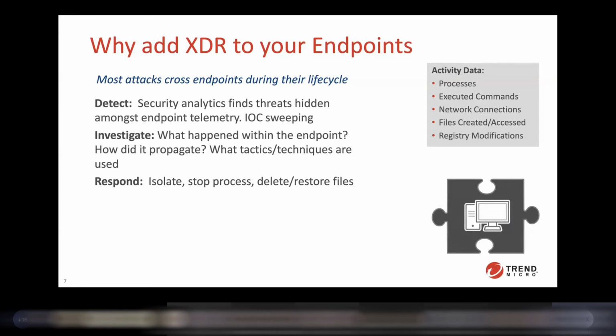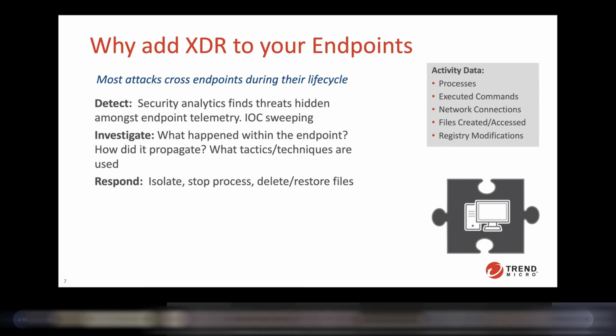The endpoint sensor collects the activity data on the endpoint. Actually, endpoint is a more general term. It could be Windows Server. Anyway, we collect the activity data. The activity data is a set of things that are happening on the endpoint, on the computer.